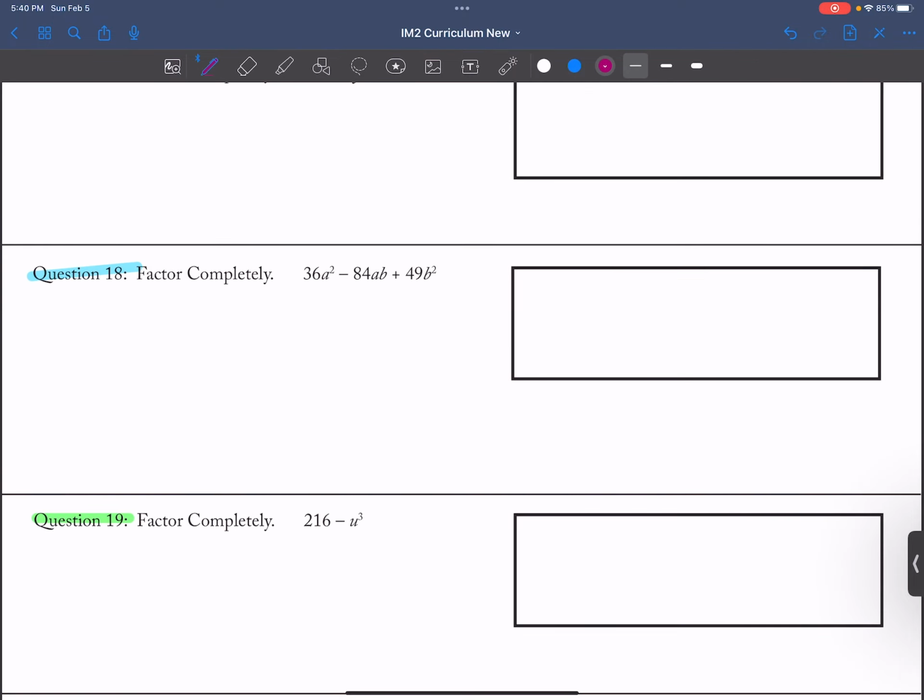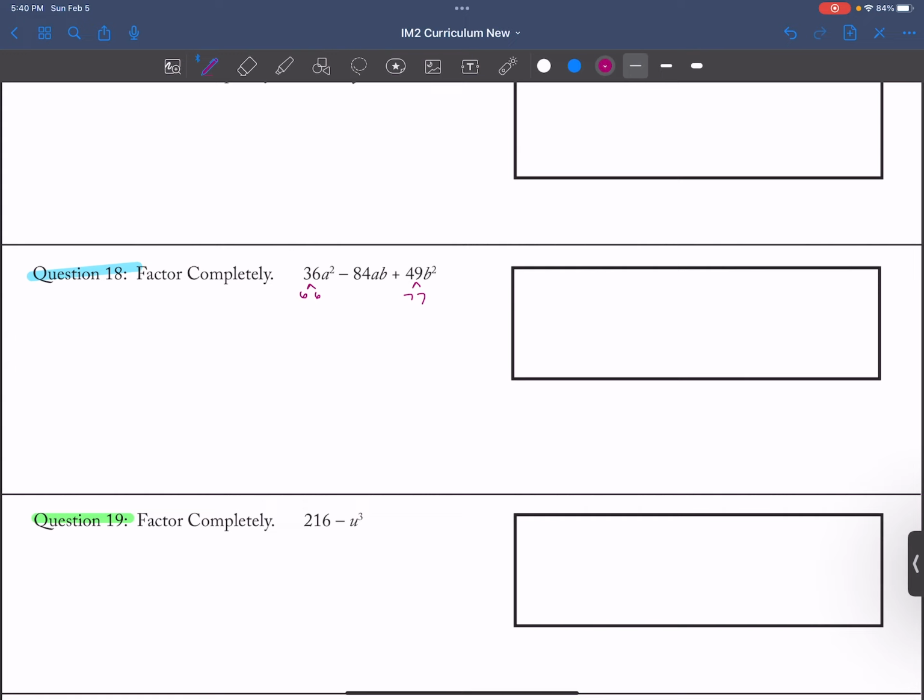Let's see. Looks like a perfect square. The reason why I think that is because this is going to factor to a quantity squared because it looks like a 6 and a 6 and a 7 and a 7.